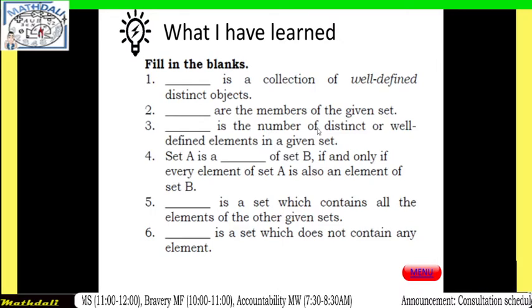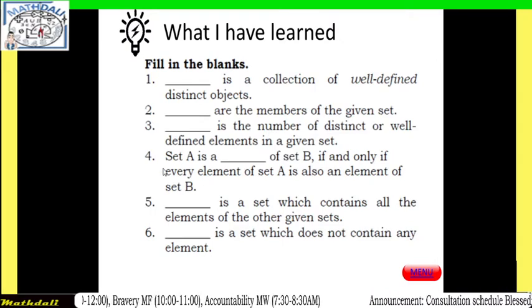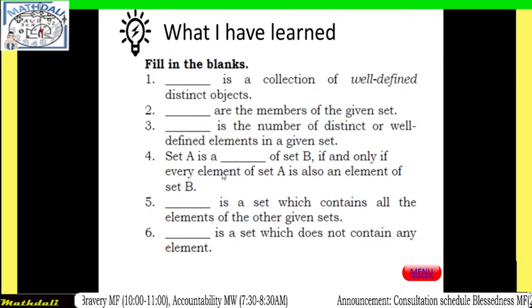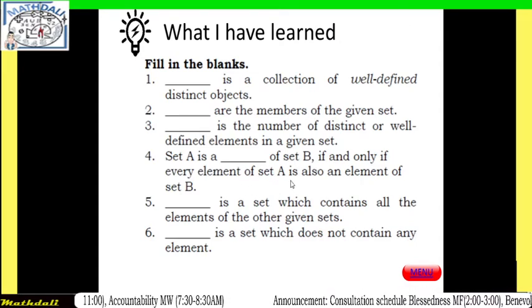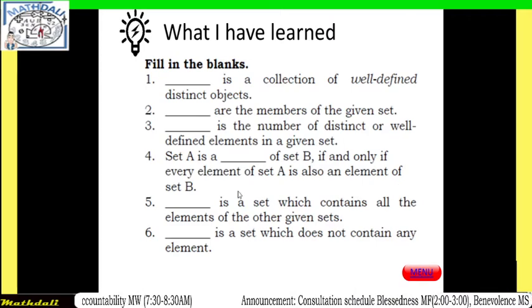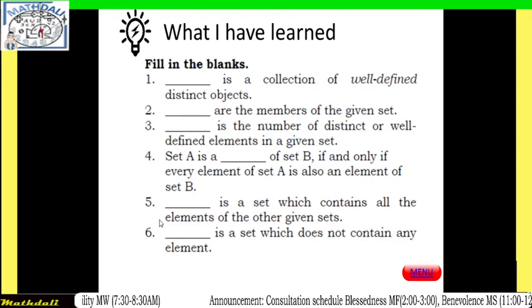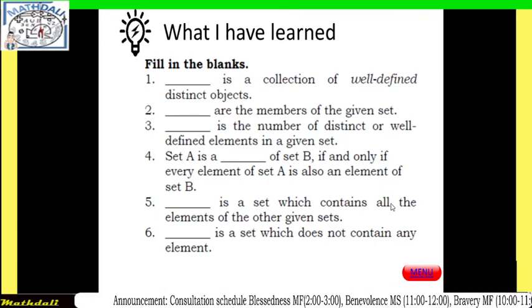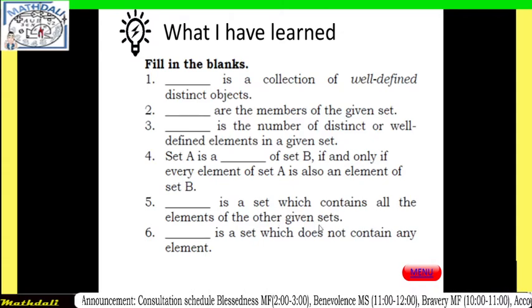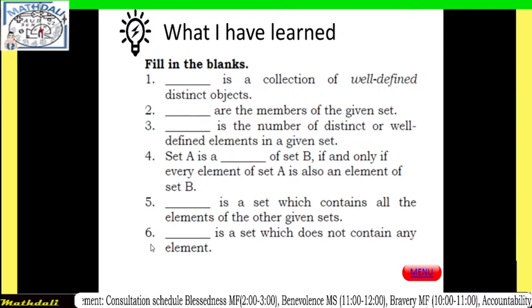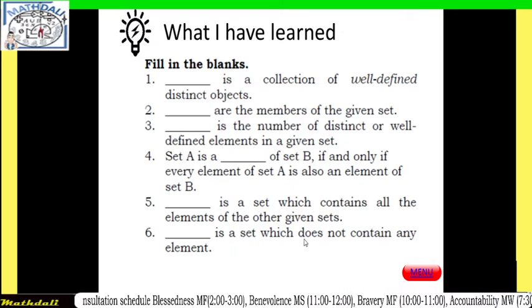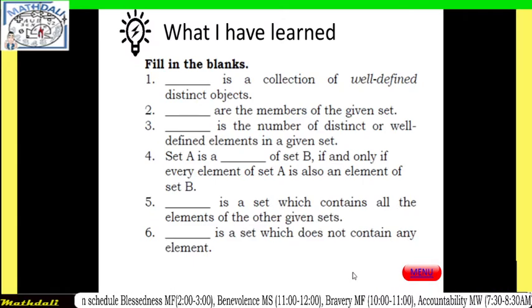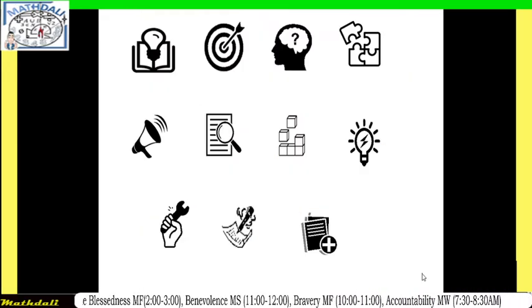Number 4, the set A is blank of set B if and only if every element in set A is also an element of set B. Number 5, blank is a set which contains all the elements of the other given set. Number 6, blank is a set which does not contain any element. We already discussed all of these.